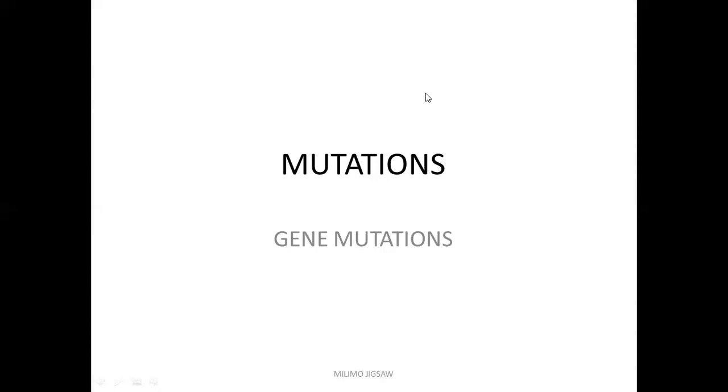If you can remember, when looking at the central dogma of molecular biology under translation, we did mention that a gene is a segment of DNA that codes for a complete peptide. And so when talking about gene mutations, we are talking about changes or alterations that can occur in an organism's DNA.